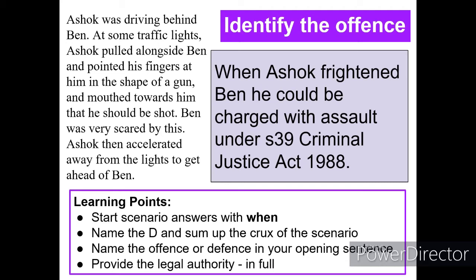So you start with 'when', you name the defendant, and you sum up in about three to four words maximum the crux of the scenario. You name the offence or defence, and you provide the legal authority in full. That means not CJA at this point. You can use that once you've said it once, but the first time you should always write it in full.